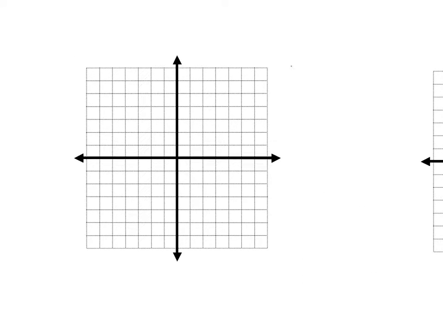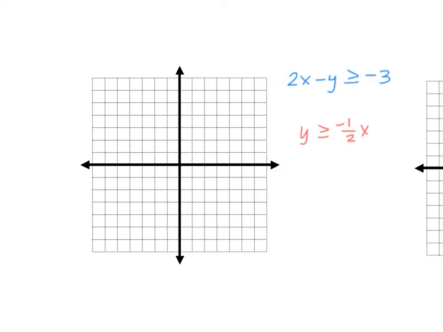If we have 2x minus y is greater than or equal to -3, and we have y is greater than or equal to -1/2 x plus 1. Okay, that's our system, those two. I want to know the solution to that system by graphing, okay?